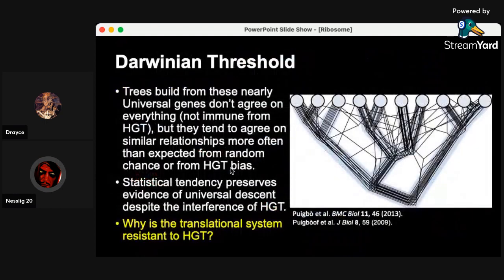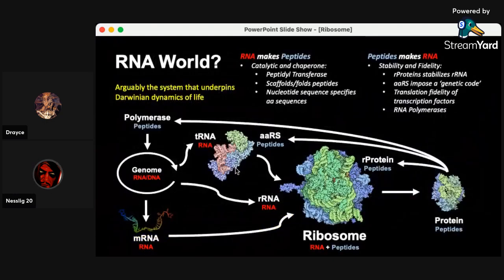Yeah, and one last note is the reason why this system is resistant to horizontal gene transfer is because this system is very, very tightly interlocked. You have many different components, and especially in the ribosome, you have components that need to fit pretty well with each other.